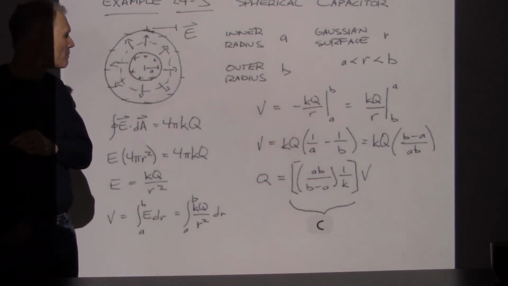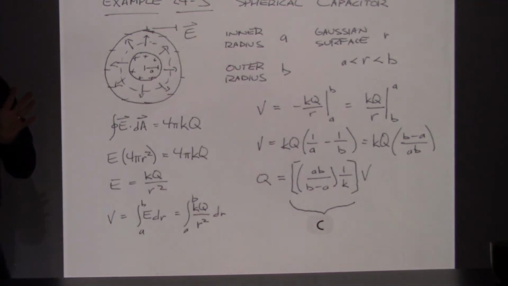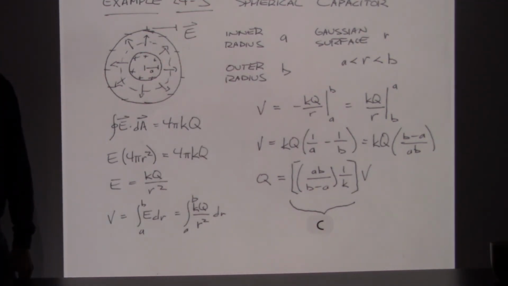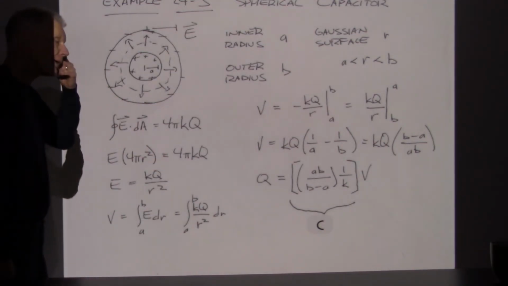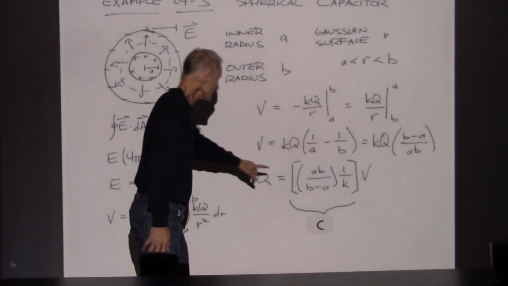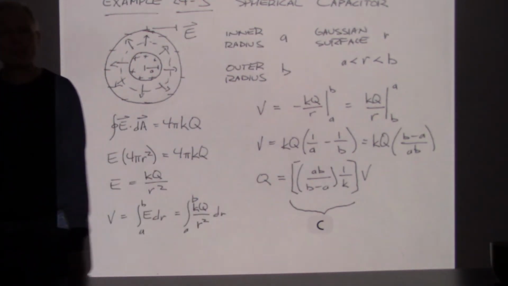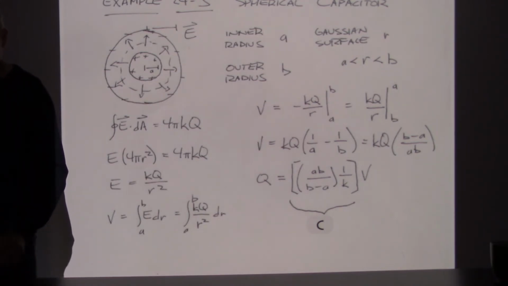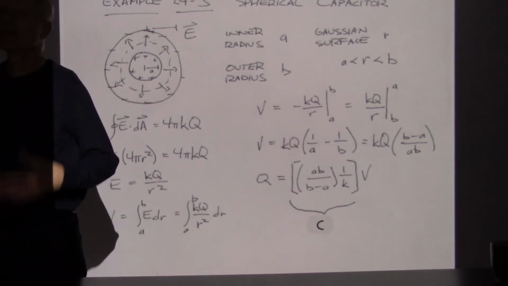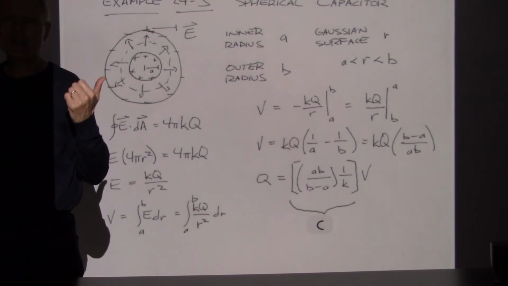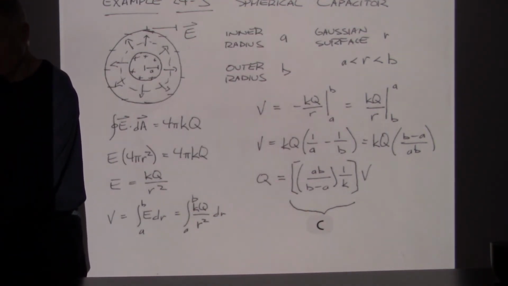And ab turns out to be kind of like an area, or proportional to the area, let's say. In any case, for a spherical capacitor, that's the formula we're getting. So that tells us how much capacitance a capacitor would be if we built it with this geometry.